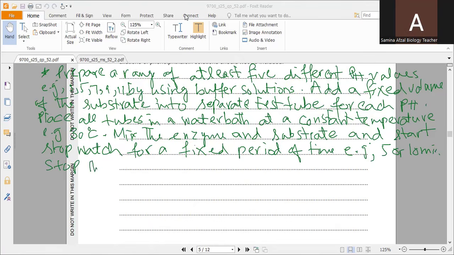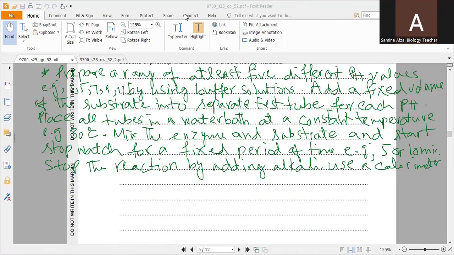Stop the reaction by adding alkali. Use a colorimeter to measure the absorbance of each sample.